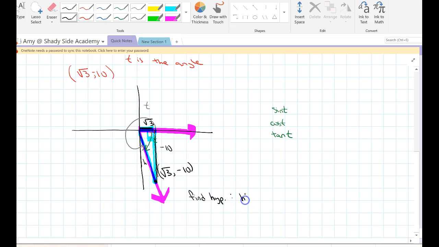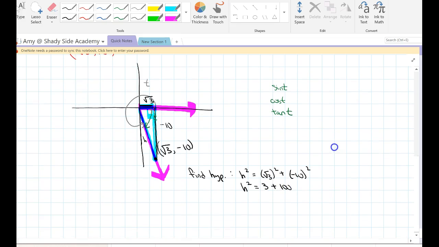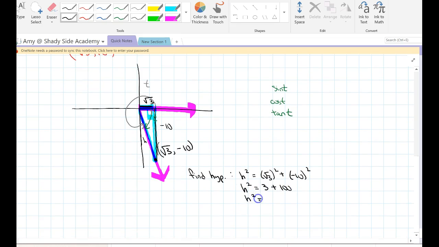So h squared equals radical 3 squared plus negative 10 squared. So h squared equals 3 plus 100, so h squared equals 103. So h equals root 103. Without a calculator, I'm just going to leave it alone.